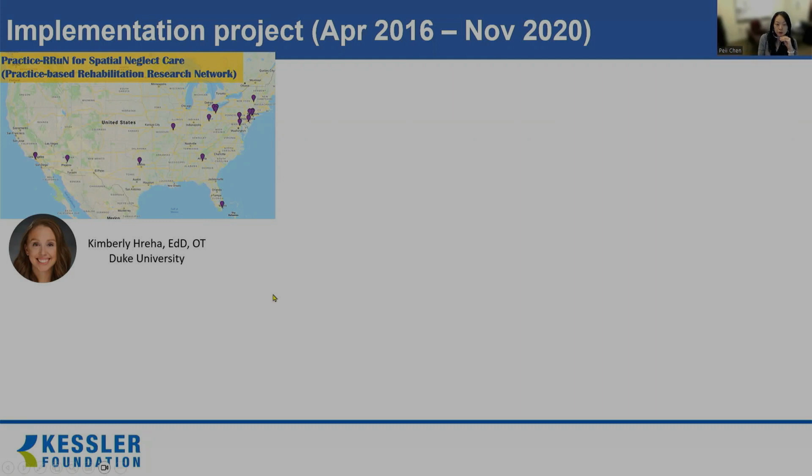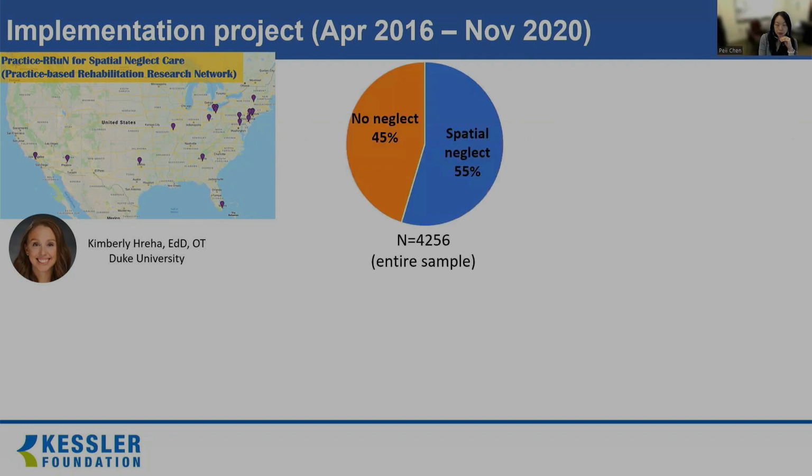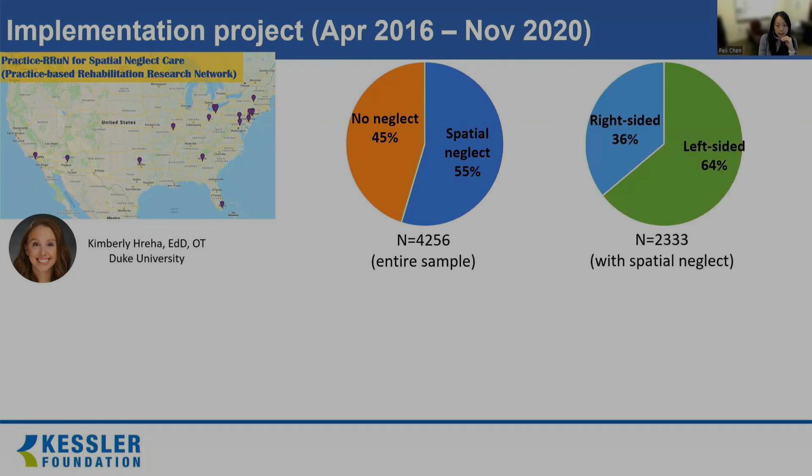We teach them how to assess and treat patients who have spatial neglect. In this project, more than 4,000 patients received spatial neglect care, and 55% of them were identified as having spatial neglect. Among these individuals, 64% have left neglect, 36% have right neglect.